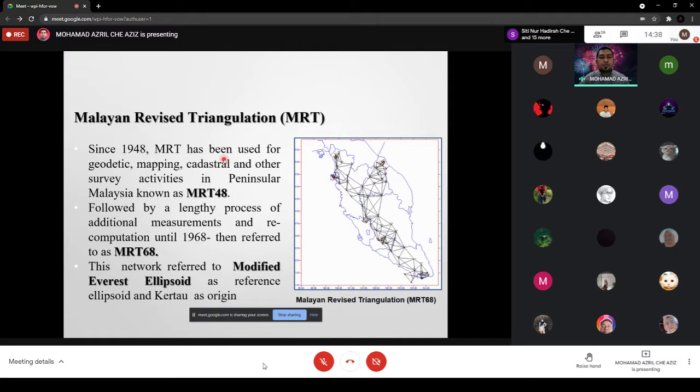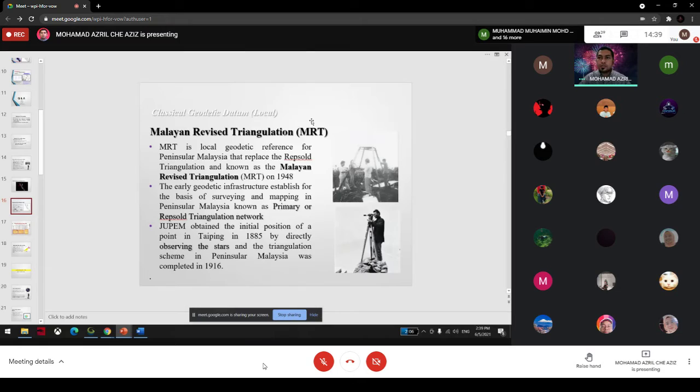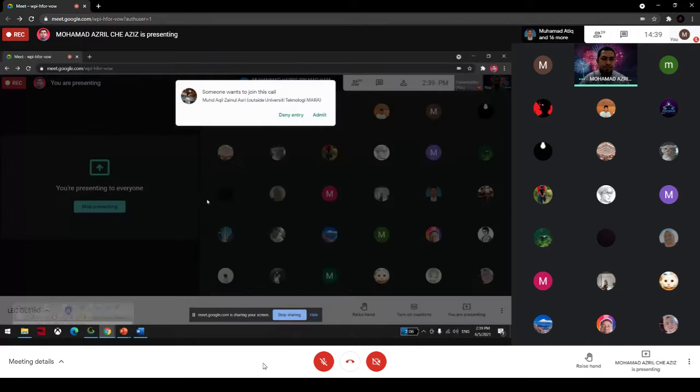Since 1948, MRT has been used for geodetic mapping, cadastral, and other survey activities in Peninsular Malaysia, known as MRT 48, followed by a lengthy process of additional measurement and recomputation until 1968, then referred to as MRT 68.